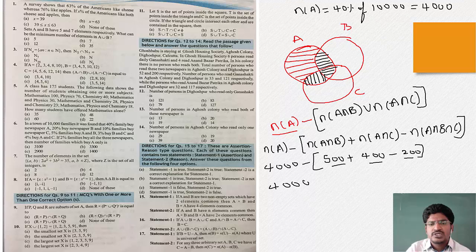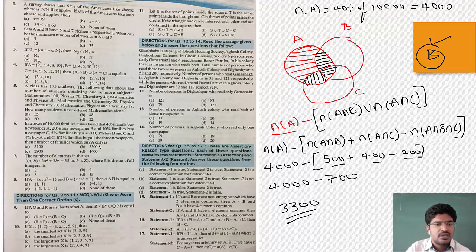So, 4,000 minus 700 will be 3,300. So, 3,300 will be the correct answer for your question number 6, that is option B will be the correct answer. See, this is your correct answer for question number 6, a very simple question.